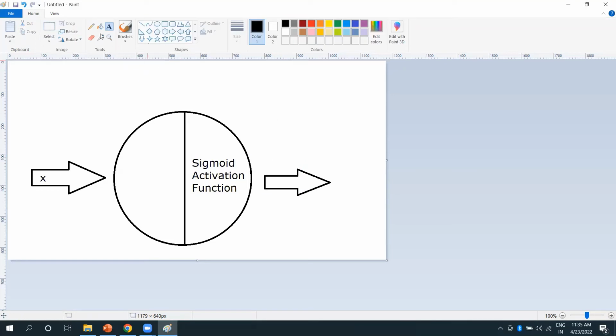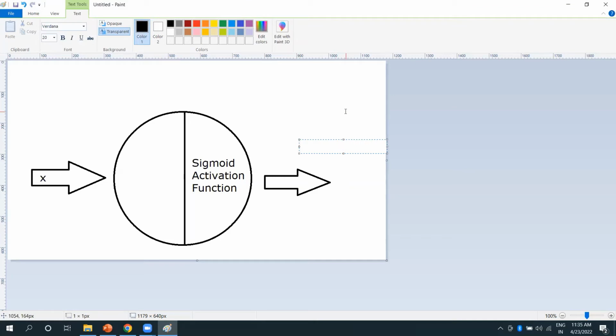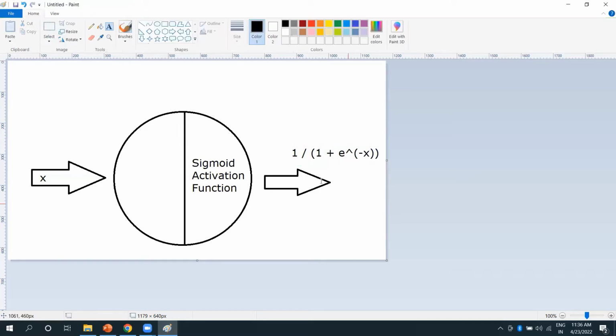Then what would the output become? This is what happens inside of a cell: 1 upon 1 plus e to the power minus x. So this is a neuron, essentially speaking. And if you remember from logistic regression, this is a neuron.